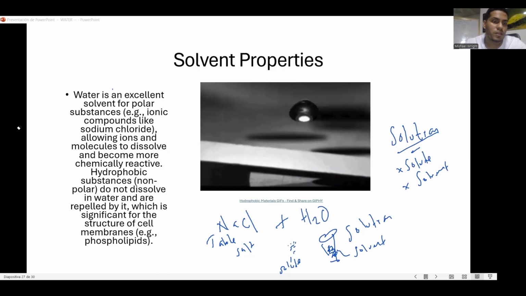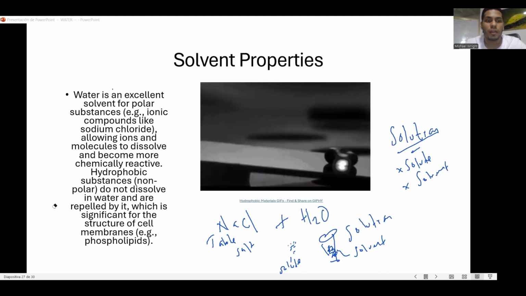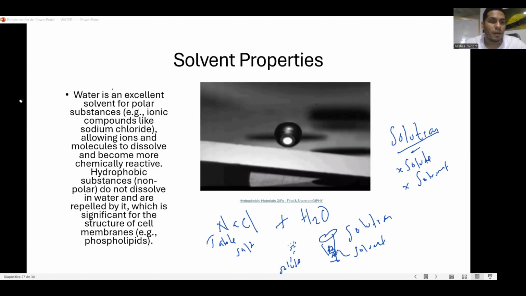So molecules can dissolve and become more chemically reactive when we use water. Hydrophobic substances are called non-polar because they don't present poles, negative or positive charges, attracted by water, right? They do not dissolve in water and they are repelled by it, which is significant for the structure of cell membranes.